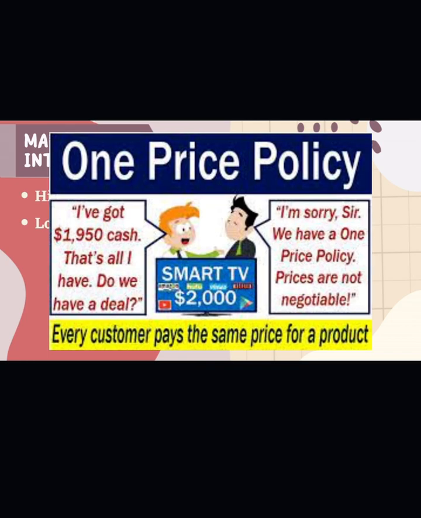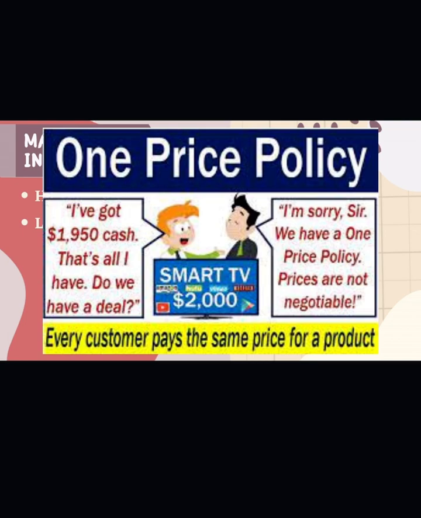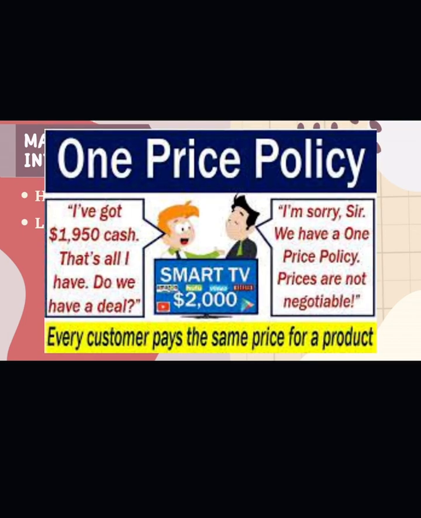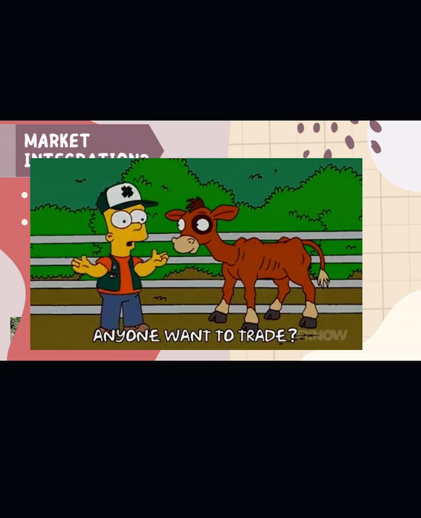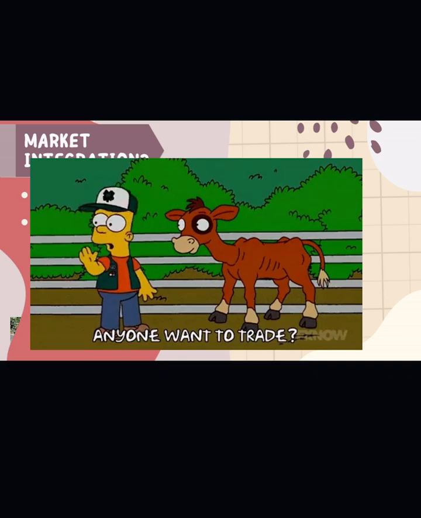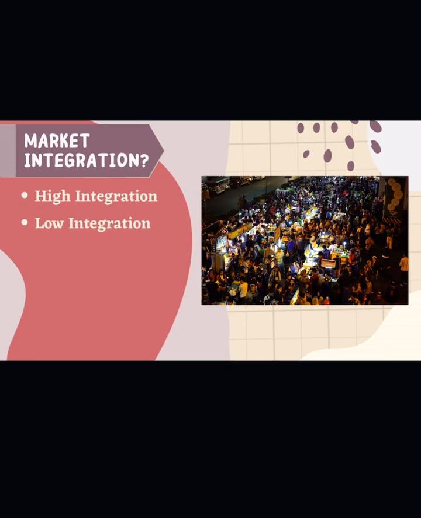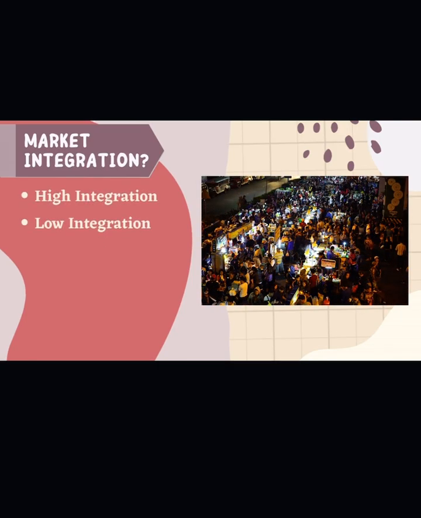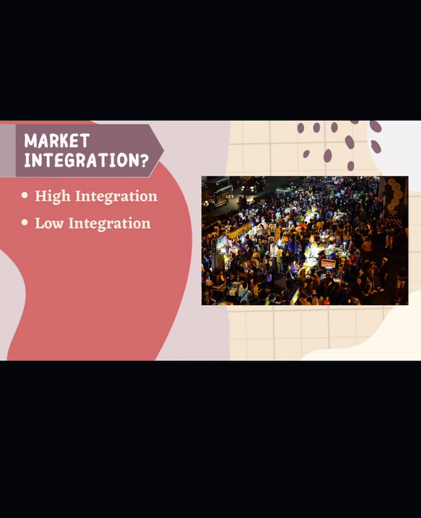High integration happens when prices are similar in the markets, which means there is a low barrier to trade. In contrast, we have low integration, which means high barriers to trade. In this situation, foreign trade helps the integration of markets because it reduces barriers to trade and increases fluidity between the markets.